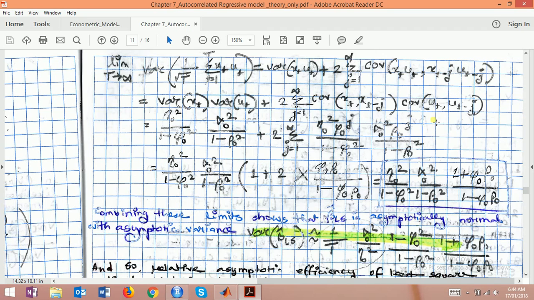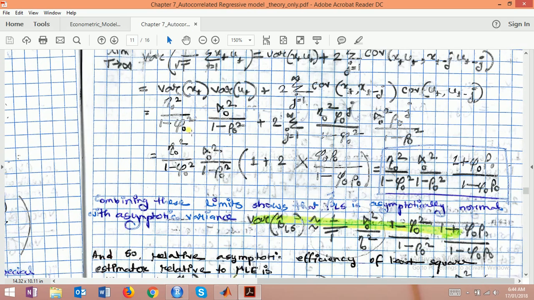We break it further for the covariance of xt with its lag and ut with its lag, and we know the variance of xt is eta square over 1 minus phi square, and we know the variance of ut is what we have been dealing with up till now, the asymptotic variance sigma square over 1 minus rho square.